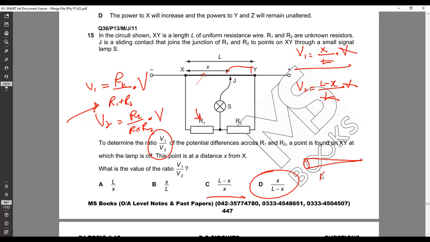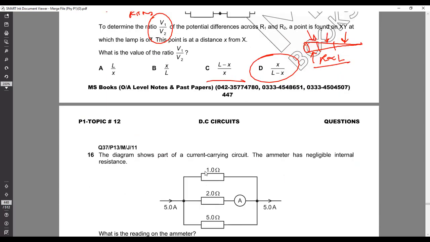In this case, we cannot say that resistance is proportional to length. If we have three equal parts, it's not possible that we have the same potential drop here, here and here. No, that's for a uniform thickness wire. Okay, but you need to use ratio and proportion methods.